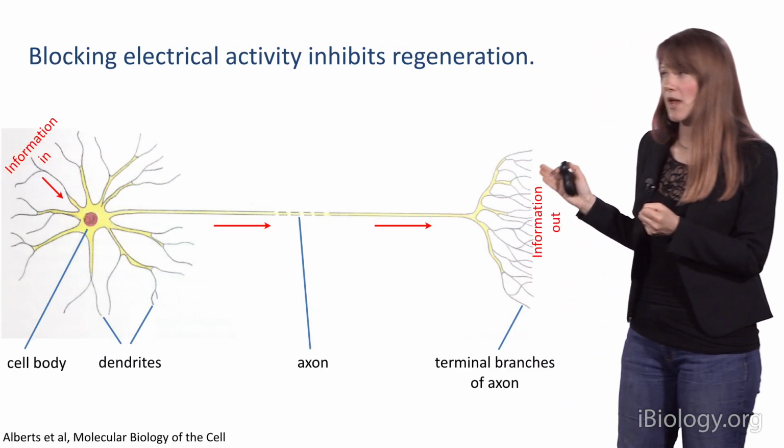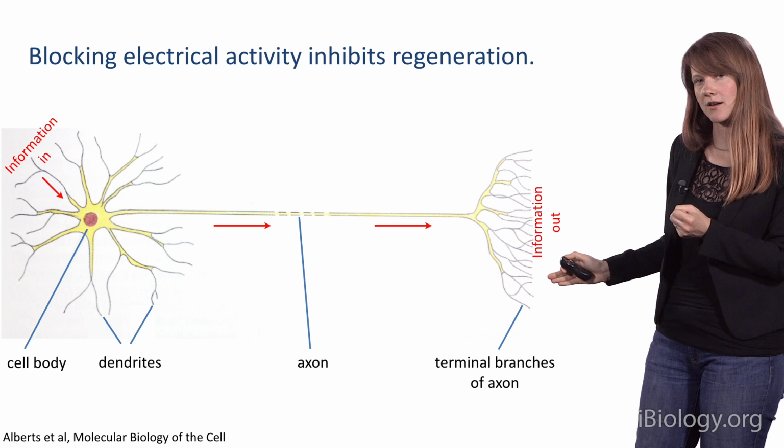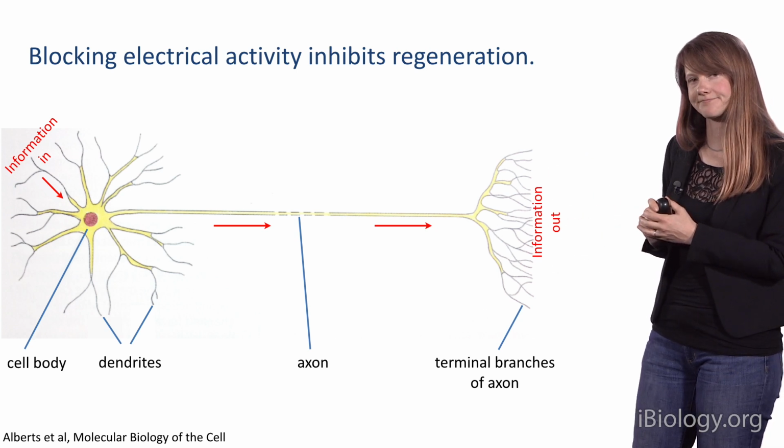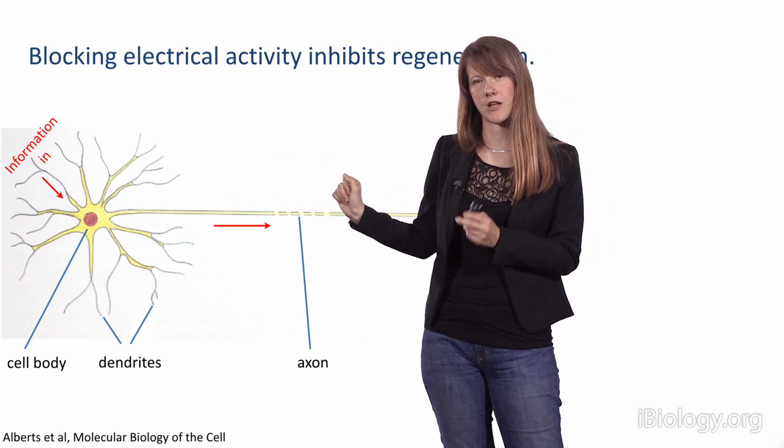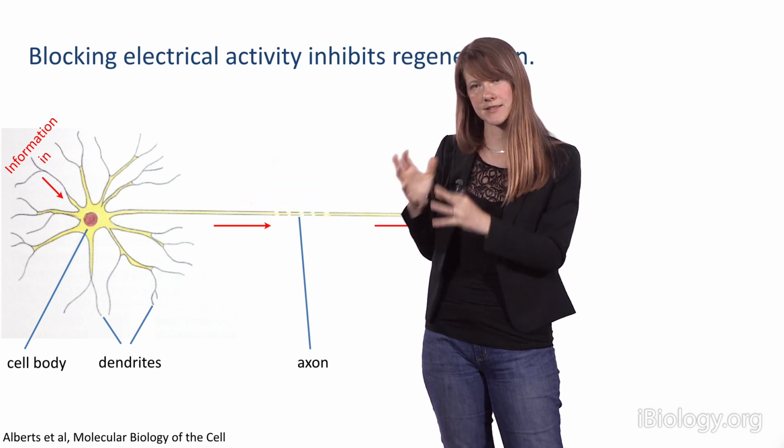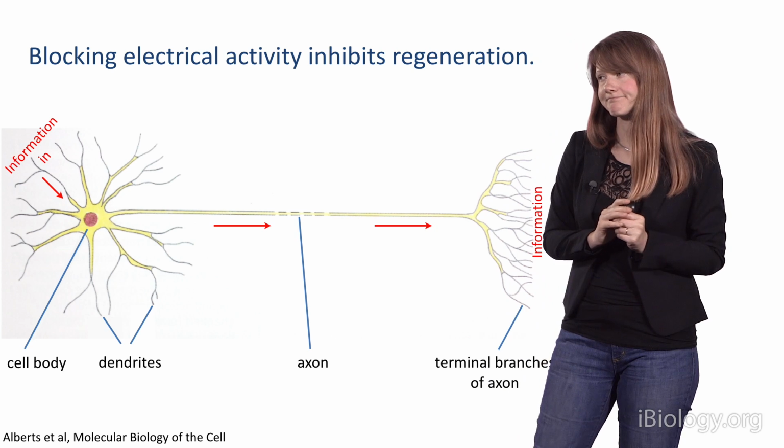So to take us back to the diagram of a neuron, our stereotypical neuron, we've got our red arrows that are the information flow in from the dendrites, processed in the cell body, out through the axon.